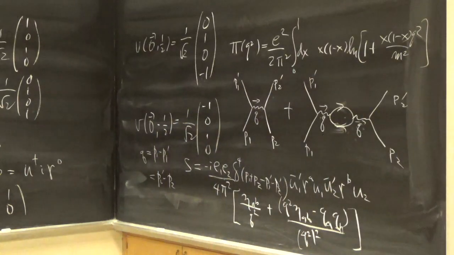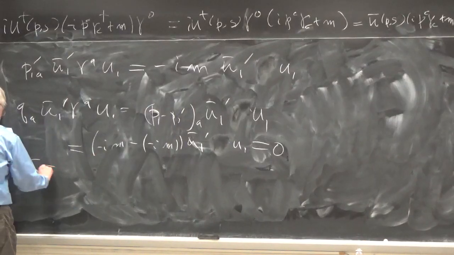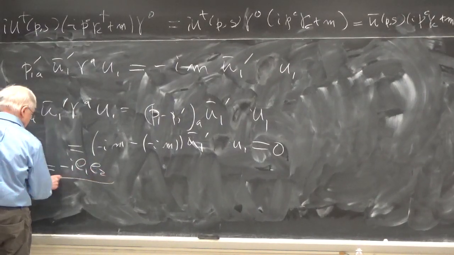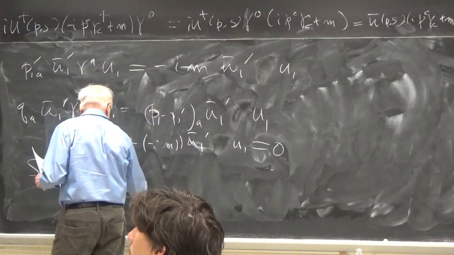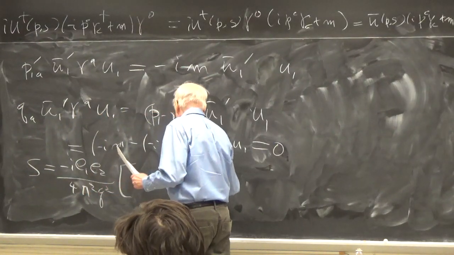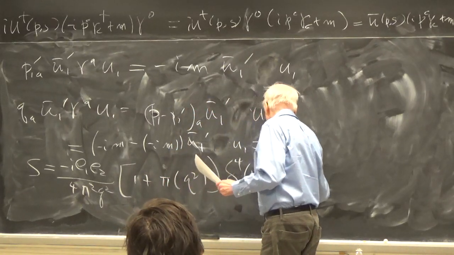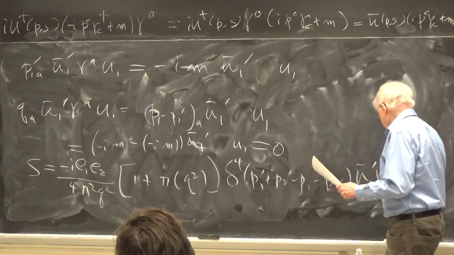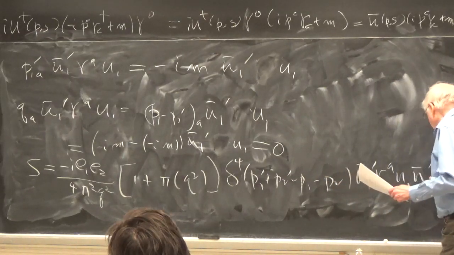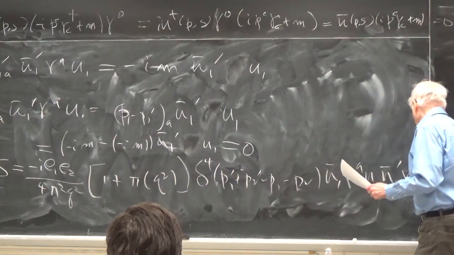And so consequently, the amplitude, after you use this equation, is minus i e1 e2 over 4 pi squared q squared (1 plus pi of q squared) delta fourth of (p1 prime plus p2 prime minus p1 minus p2), and then u bar 1 prime gamma a u1 u bar 2 prime gamma a u2.